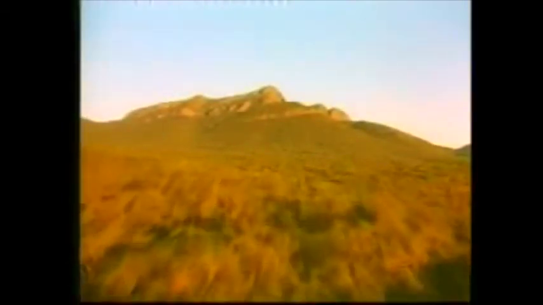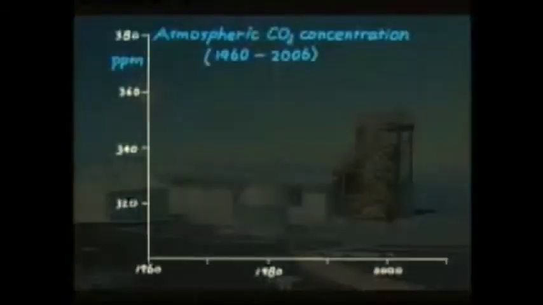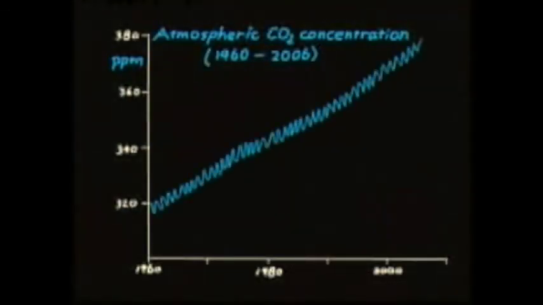If carbon dioxide is a greenhouse gas, you'd expect that the more there is in the atmosphere, the more the temperature will increase. Climate scientists began regular measurements of atmospheric carbon dioxide concentrations in the 1950s at a weather station in Hawaii. As you can see, the levels have been rising ever since.